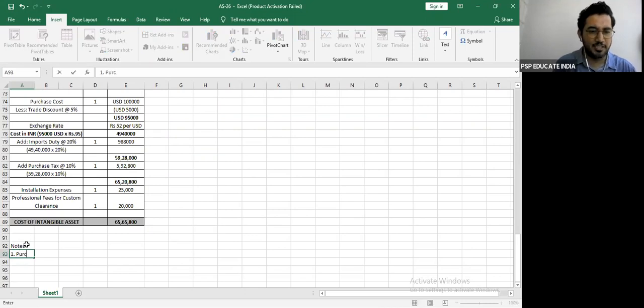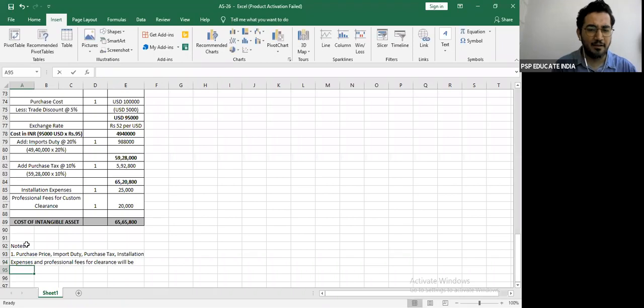First, purchase price, import duty, purchase tax, installation expenses, and professional fees for clearance will be added to the cost of intangible.